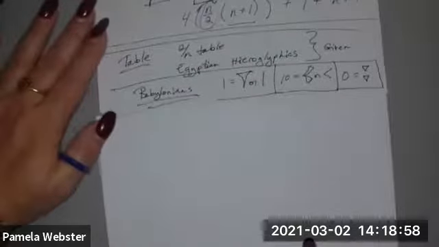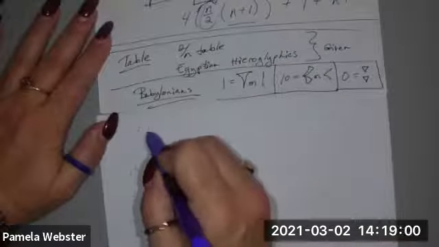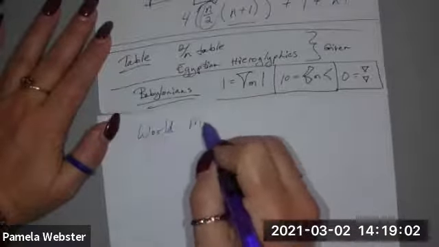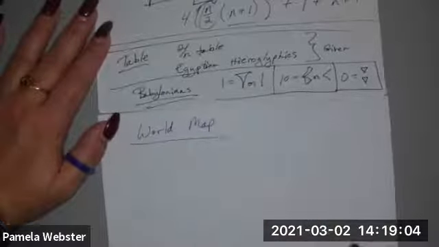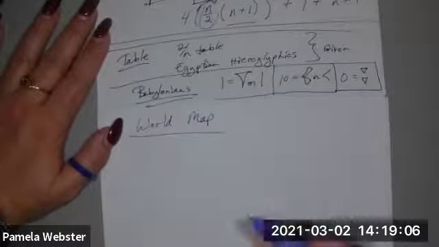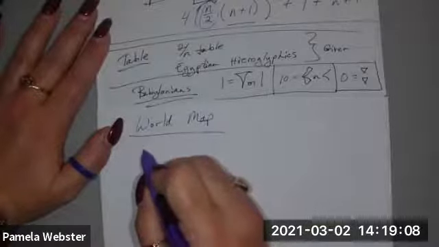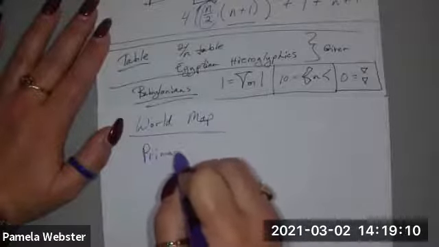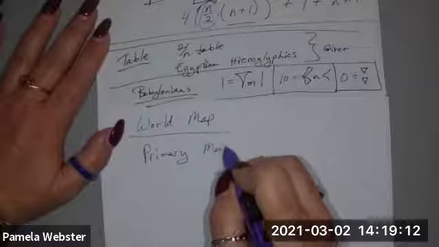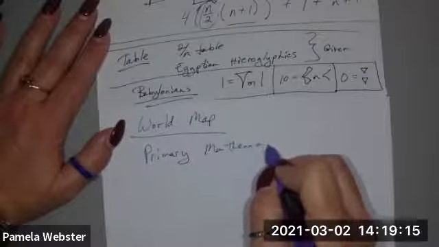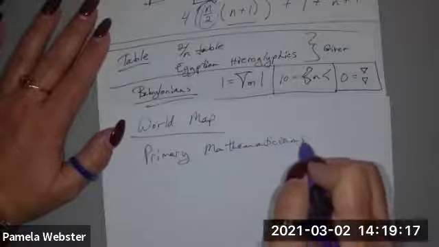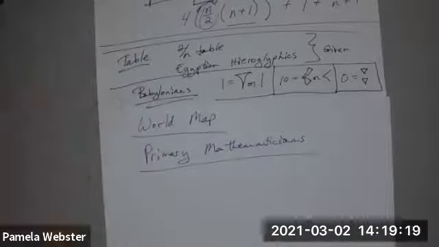I also put up a clean world map on there. So 2 things I put up. Clean world map, if you need that. There's probably a map question on this test. And I think it says primary mathematicians in this class so far or something like that.